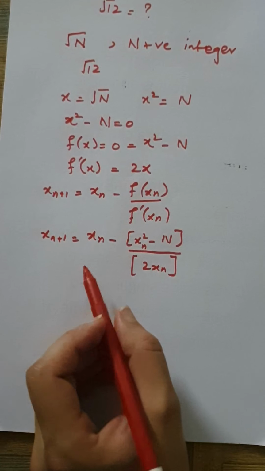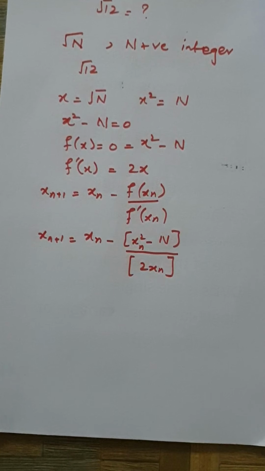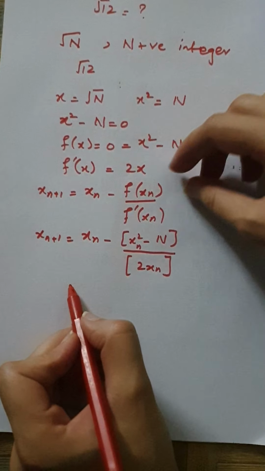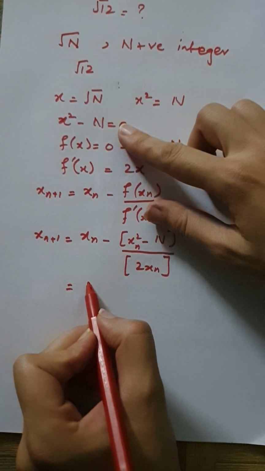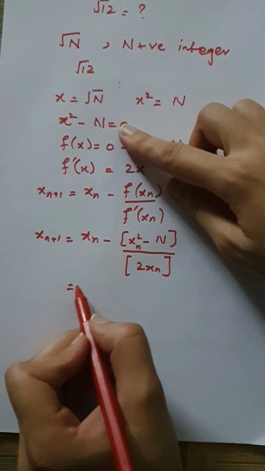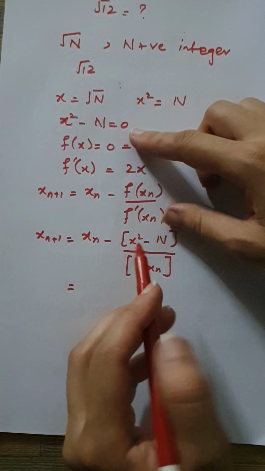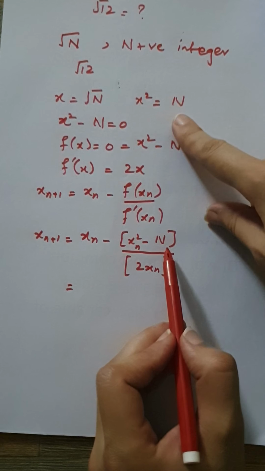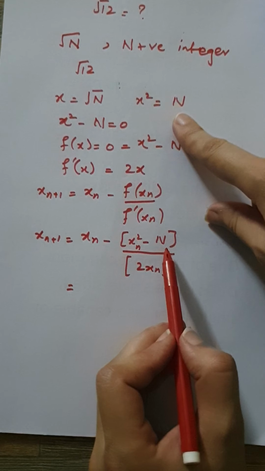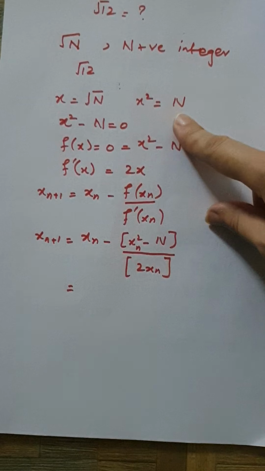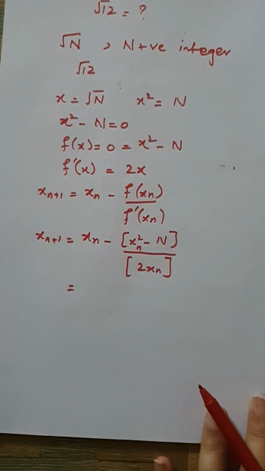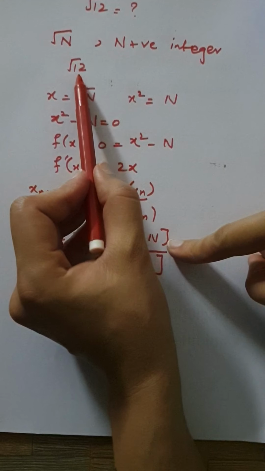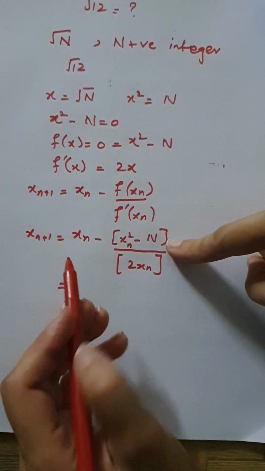If you substitute the values of x of n in this expression, in place of n I will just substitute the constant number that is equal to 12.